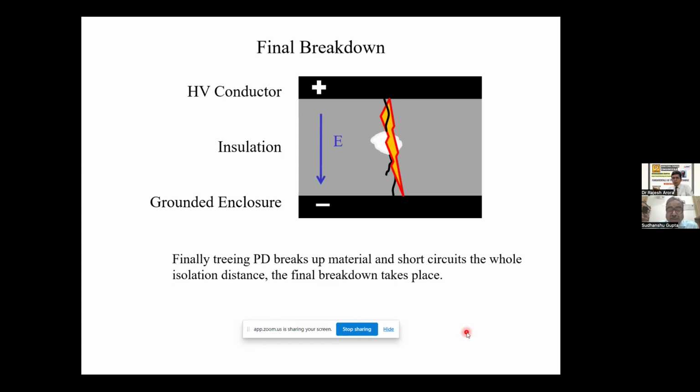You may not find that partial discharge activity again. It may take some time to initiate again. But in case of insulation, once it starts, it will not go back. It will persist, and ultimately it will enter a failure mode. So in case you have an insulation defect, you should always be very, very careful.